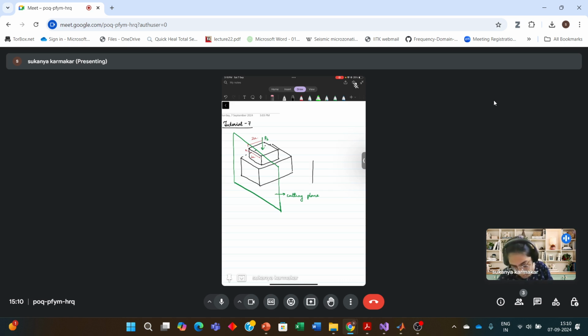This is the bigger block, and within the bigger block there is a cavity, and over this you have the smaller block on which the force F naught is acting.